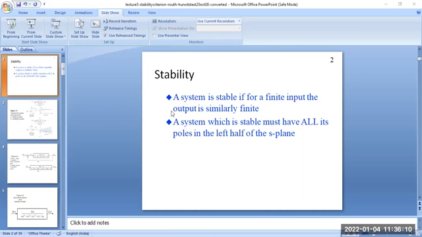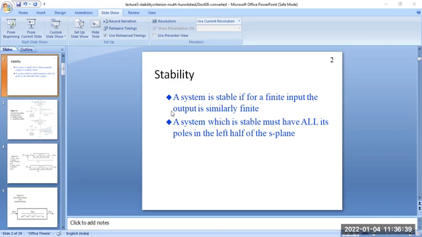A feedback control system is based on identifying the location of the roots of the characteristic equation in the S plane. When you consider a characteristic equation of any order, most of the roots should be present in the left half plane of the S plane.